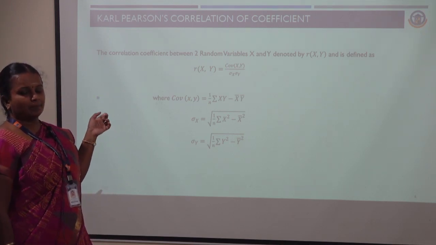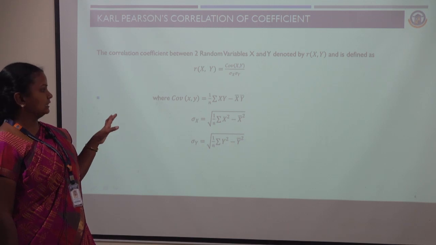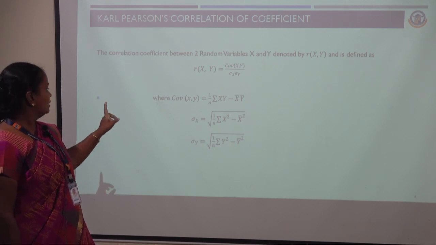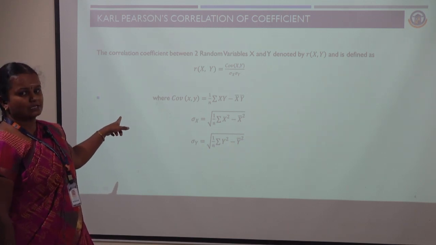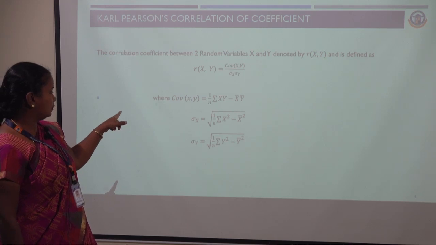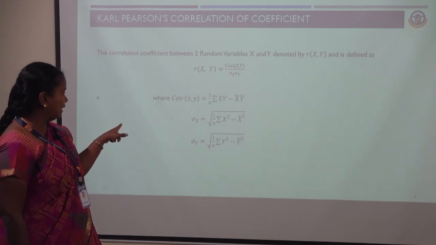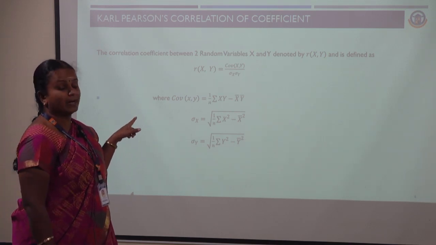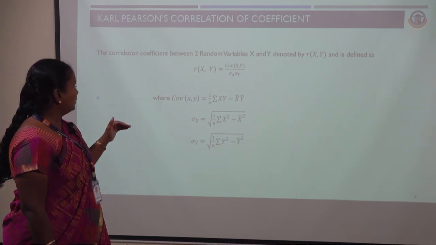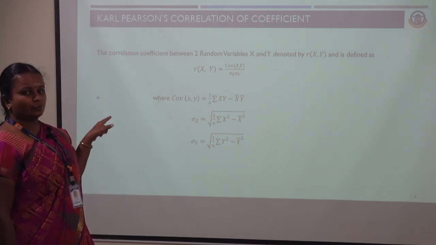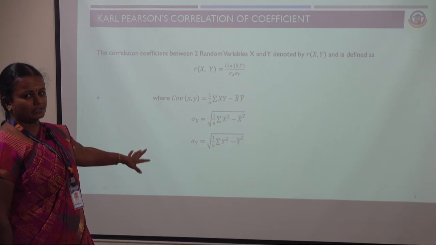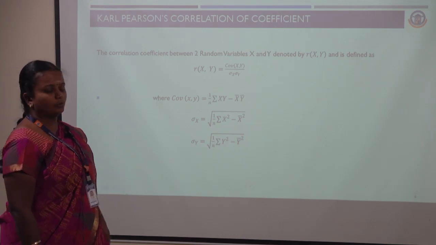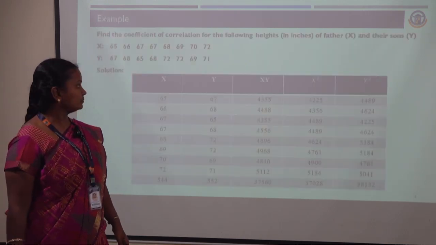X bar is the mean of x, y bar is the mean of y. Sigma x, the standard deviation, is the square root of summation x squared by n minus x bar squared. Sigma y is the root of summation y squared by n minus y bar squared. X and y are two random variables.